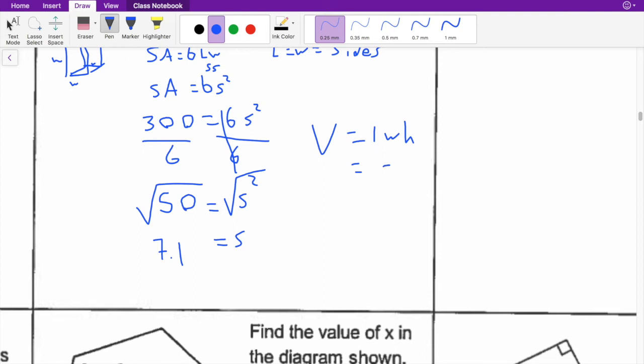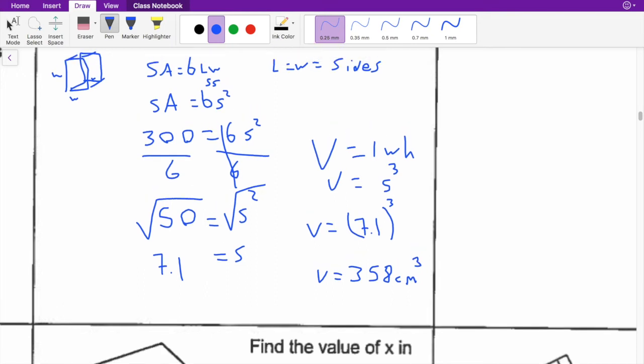So let's rename that S cubed, because it's 7.1 times 7.1 times 7.1. So we write 7.1 cubed. So the volume of that shape is going to be 357.9, so let's go to 358 centimeters cubed.